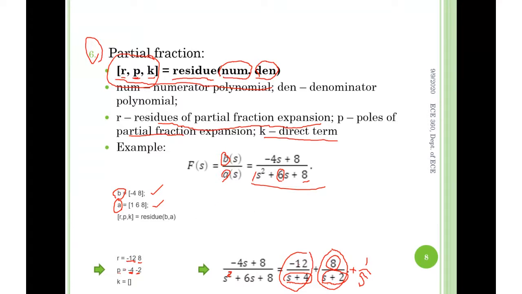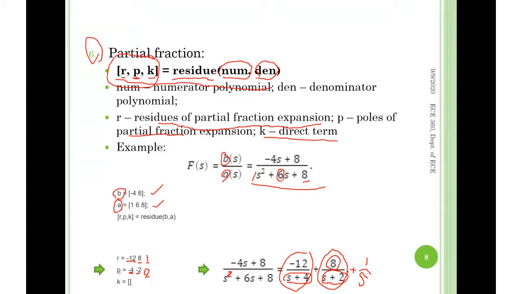Then going back to the RPK, what are they supposed to be then? R, first of all, equals what? -12, 8, and what? 1. Does it make sense? 3 terms. And then correspondingly, P equals what? -4, -2, and what? 0. Does it make sense, guys?